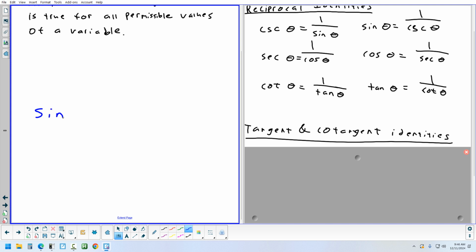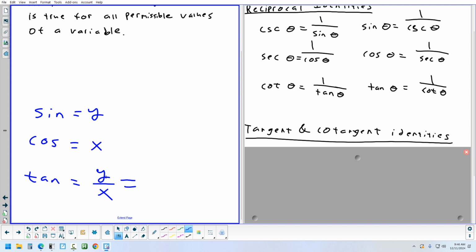Can someone remind me, what is sine again? Like the definition. It's equal to y. What's cosine? x. And what was tangent? y over x. Well, look at what you can do here. y is in the top of tangent.